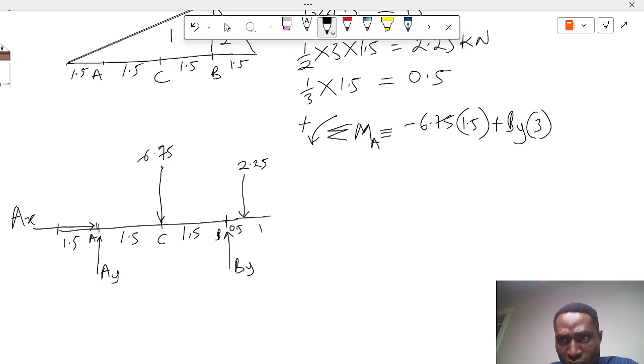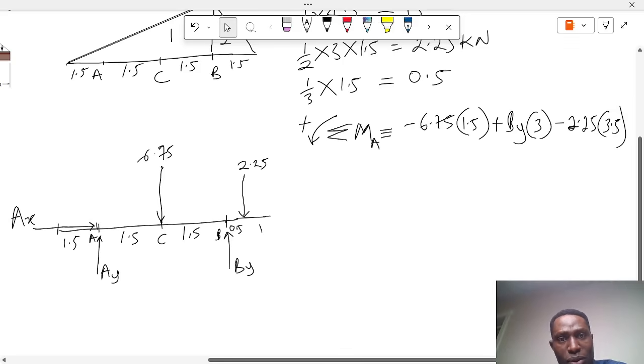The last moment is also clockwise, so you have minus 2.25 times the total distance, which is 3.5 from the diagram. So this is equal to 0.